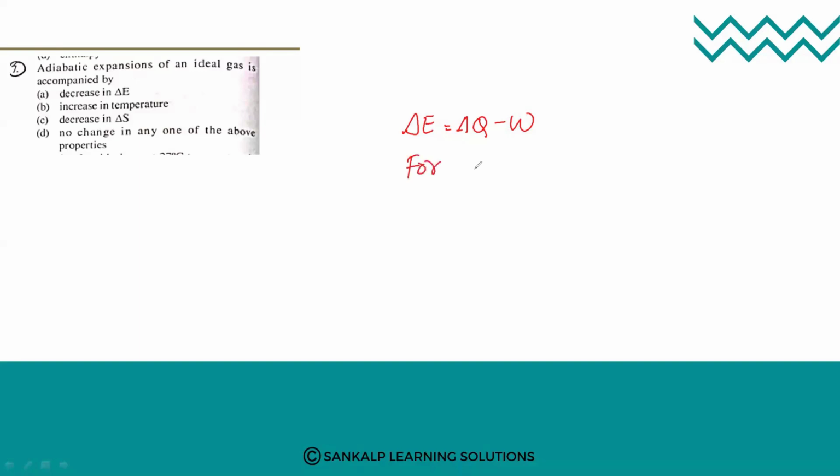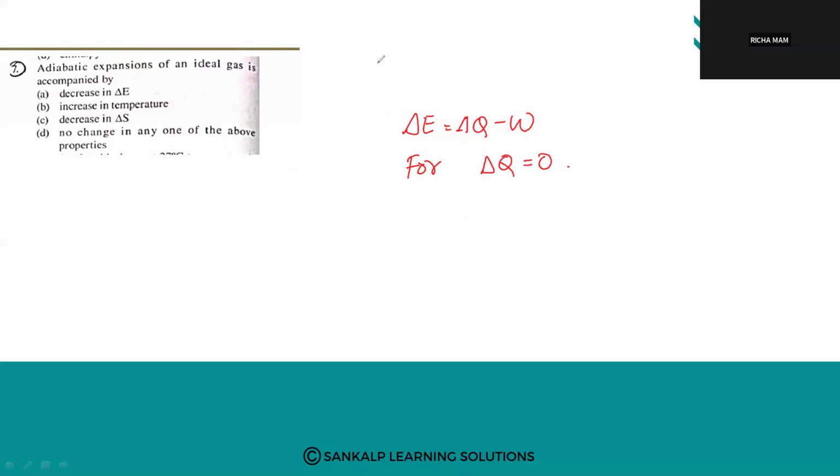For an adiabatic process, we know that delta Q will be 0. So what does the negative sign indicate? The negative sign indicates that there is a decrease in internal energy, which is equal to the work done on the system by the surrounding.